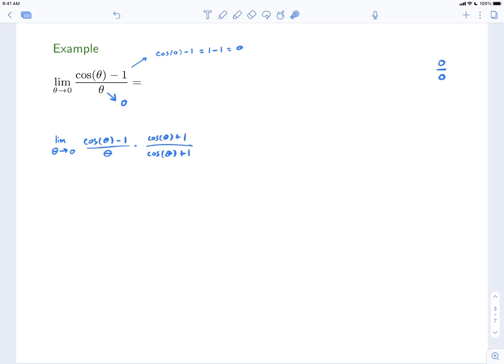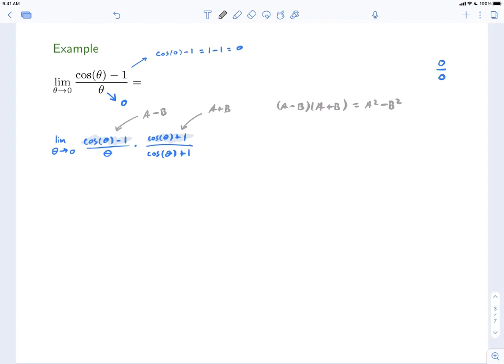Now the reason we're interested in multiplying by cosine of theta plus 1 is we're setting up the difference of squares in the numerator. So notice we have a cosine of theta minus 1 and a cosine of theta plus 1. The basic idea here is we're treating cosine of theta minus 1 as a minus b and cosine of theta plus 1 as a plus b. A minus b times a plus b is the difference of squares, a squared minus b squared.